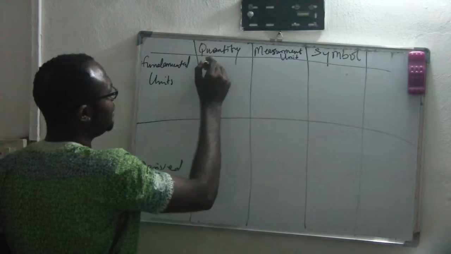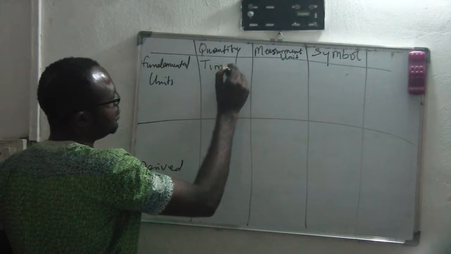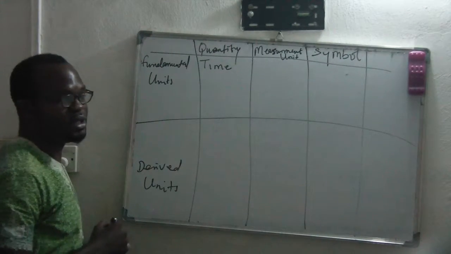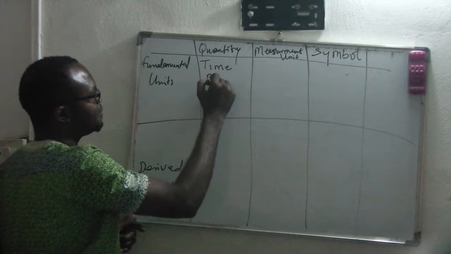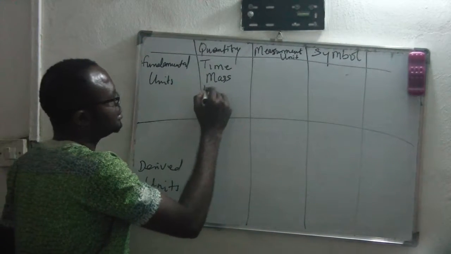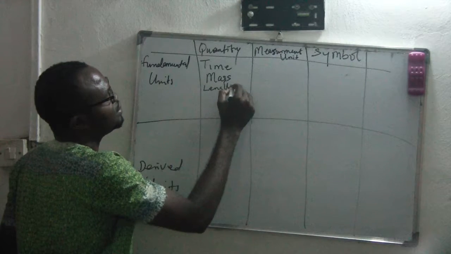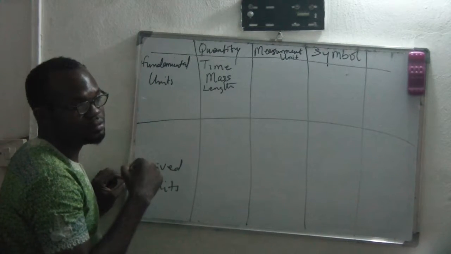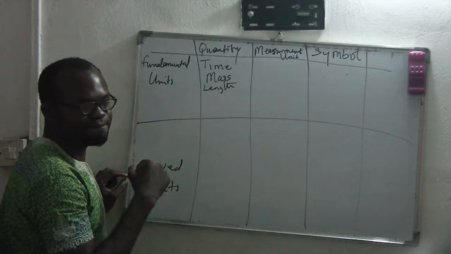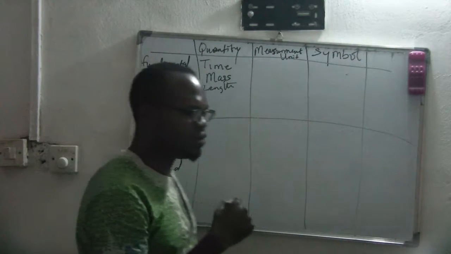Fundamental quantities are time. Which other one? Mass. Which other fundamental quantity? Length. Which other fundamental quantity?